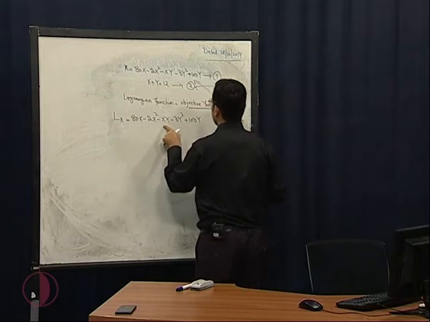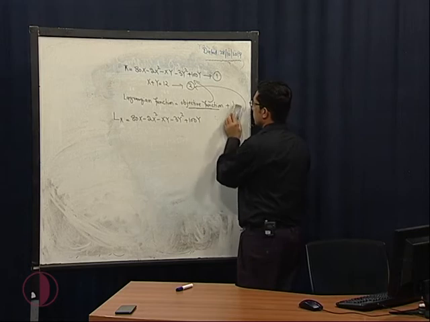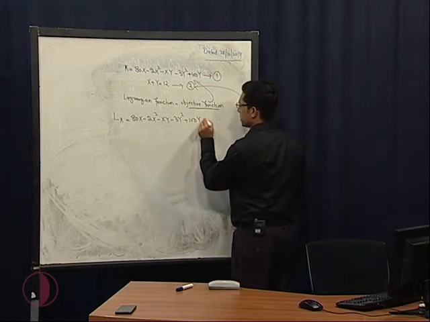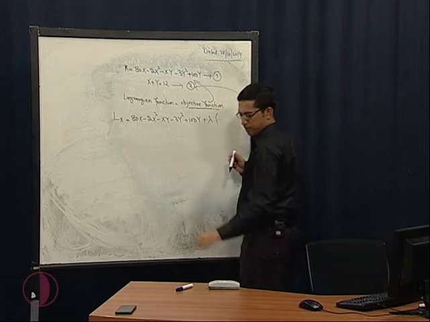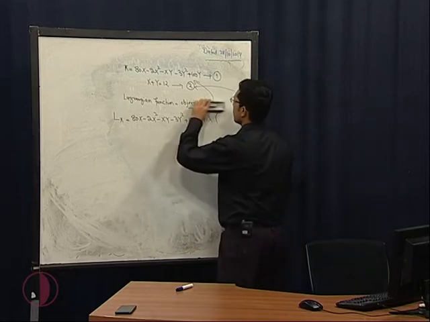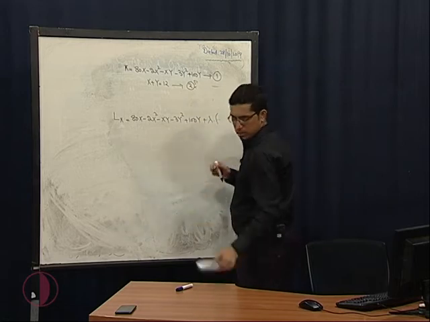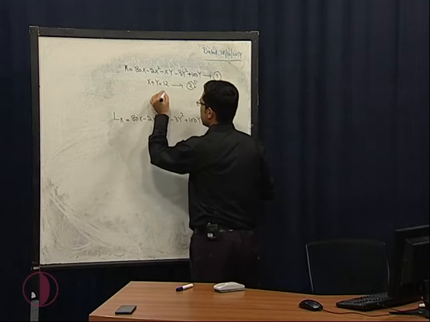This is the original objective function, plus lambda times the constraint function.